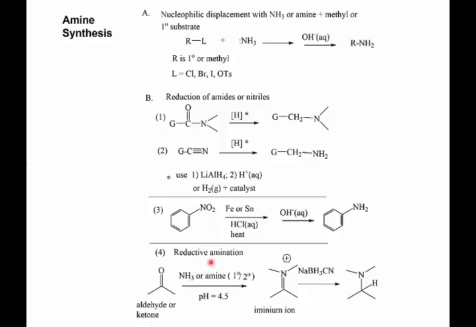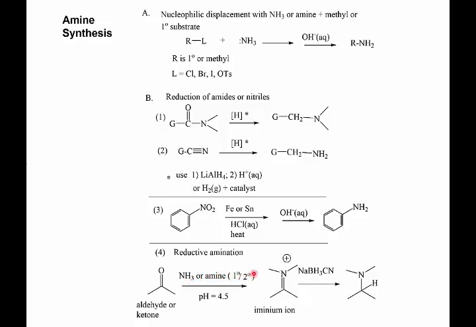It's called reductive amination. So you take an aldehyde or ketone mixed either with ammonia or an amine. There is going to be an addition of the ammonia or amine to the carbonyl group, as you recall.